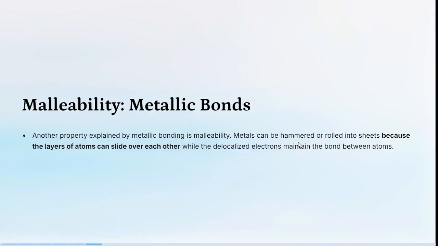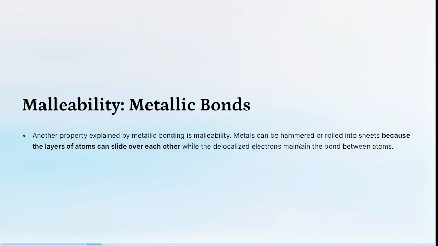You have a level of metal balls on one level, then another layer on the next level, and another layer after that. This layering is what makes it easy to hammer metals into sheets, which is the property of malleability, because the layers can roll over each other. When you keep hammering them, they spread out because of the arrangement. This is the reason the kind of bonding in metals is responsible for their malleability.